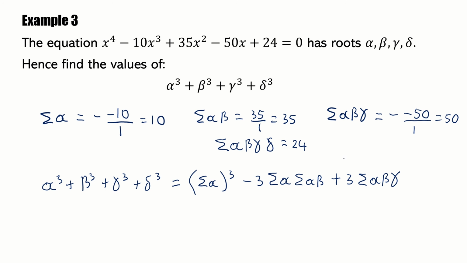It's only for the quadratic that you get rid of that last bit, just because there isn't a third root to involve. Therefore, it's going to be 10 cubed minus 3 lots of 10 lots of 35 plus 3 lots of 50. And conveniently, that will come to 100.